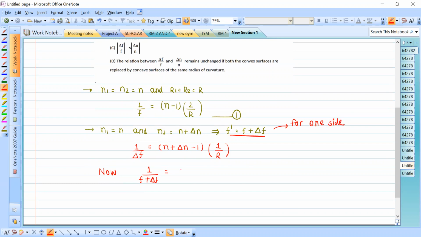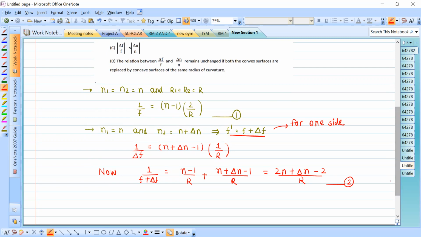For one side, it will be n minus 1 upon r plus n plus delta n minus 1 upon r. If we simplify it, we will get this kind of answer, 2n plus delta n minus 2 over r. Let me call this equation number 2.